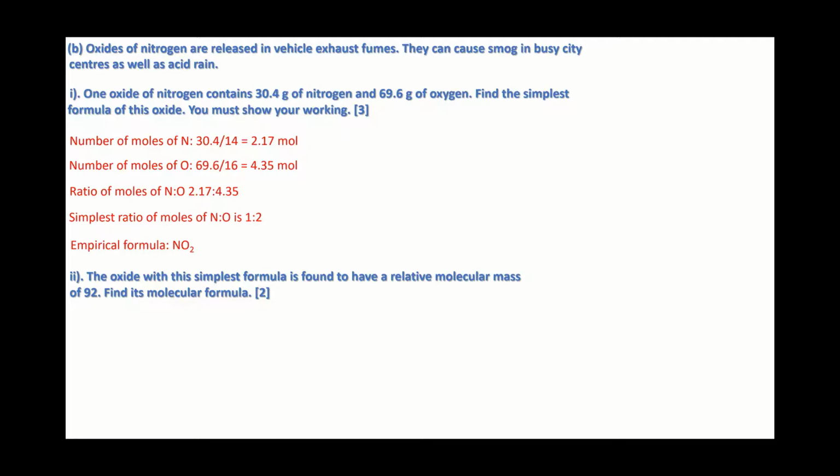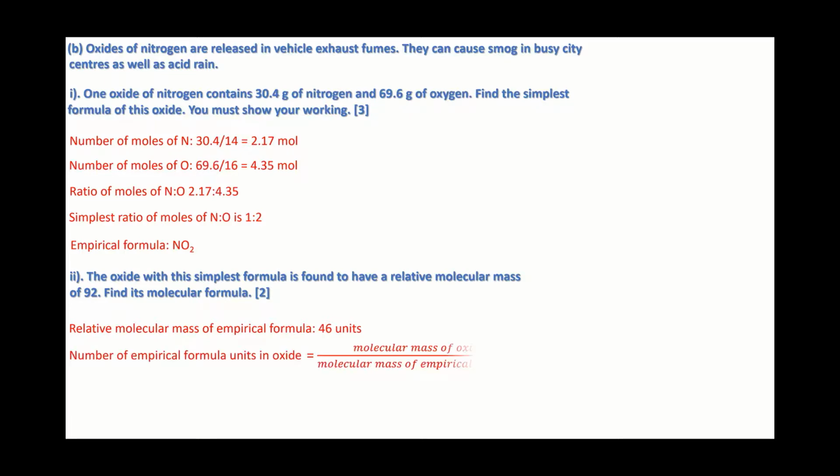Well, the next part of this question tells you that this oxide's relative molecular mass is 92. And so, to retrieve your molecular formula, you can simply take the relative molecular mass of your empirical formula of your oxide, which is going to be 46 in this case, and you will then essentially divide your molecular mass of your oxide by the molecular mass of your empirical formula of your oxide, which is going to be 92 over 46 in this case, and this will tell you that there are 2 empirical formula units within your oxide's molecular formula.